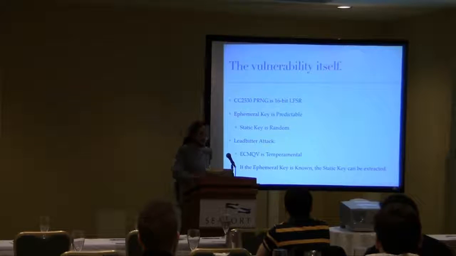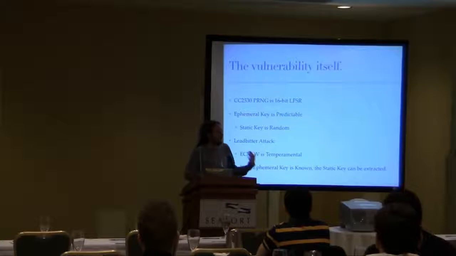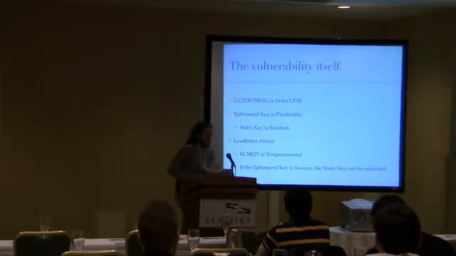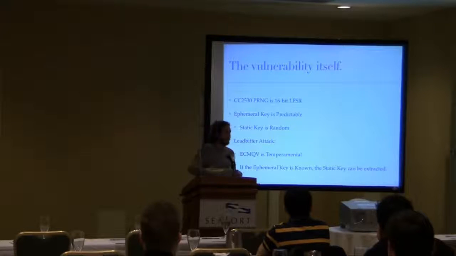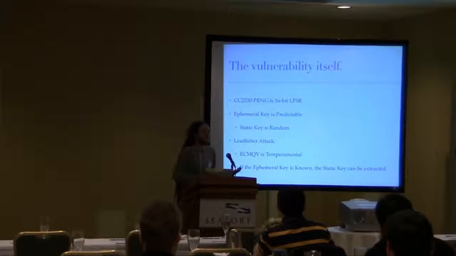In MQV, you generate a unique session key, which you use in addition to your static key for the key exchange. The idea here is that you know the public key because it's given to you as part of the exchange, and you can generate a lookup table, and from the lookup table you can get the ephemeral private key.